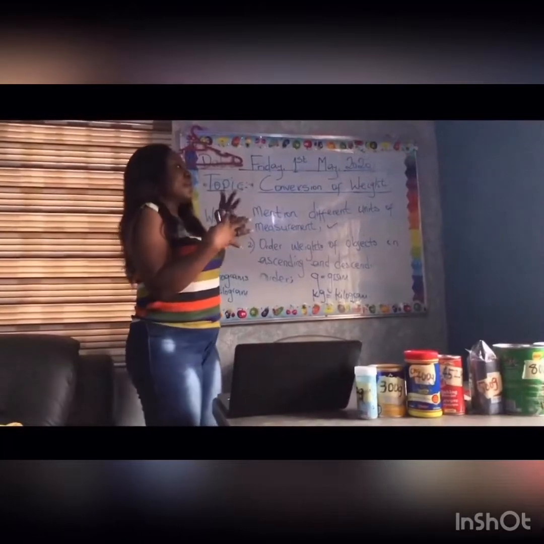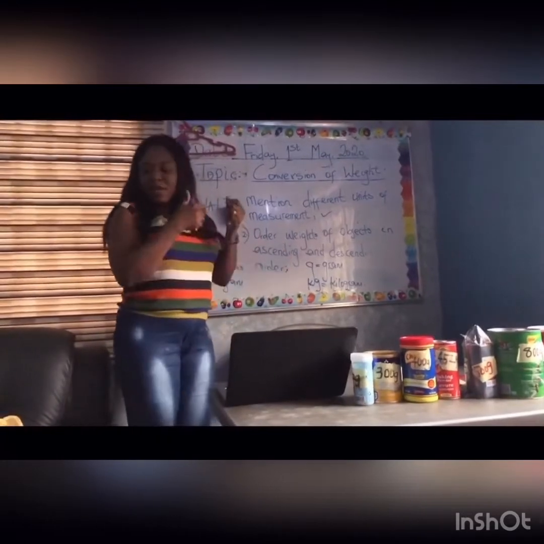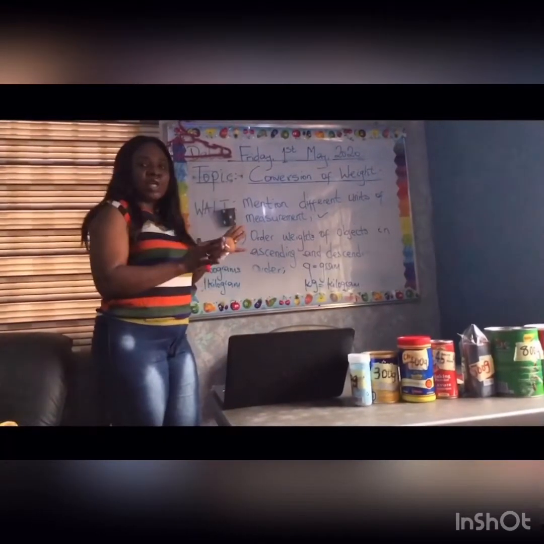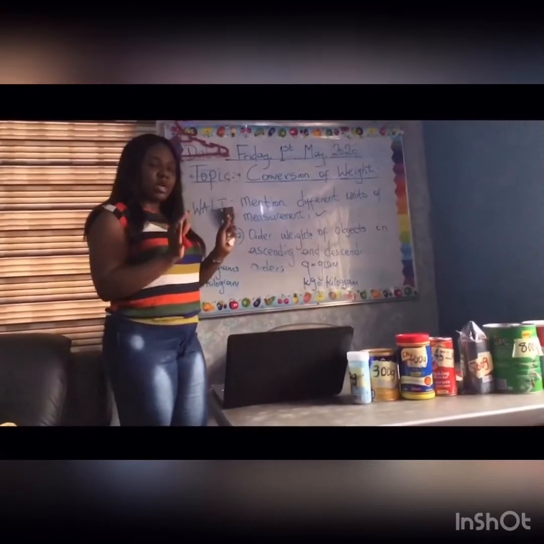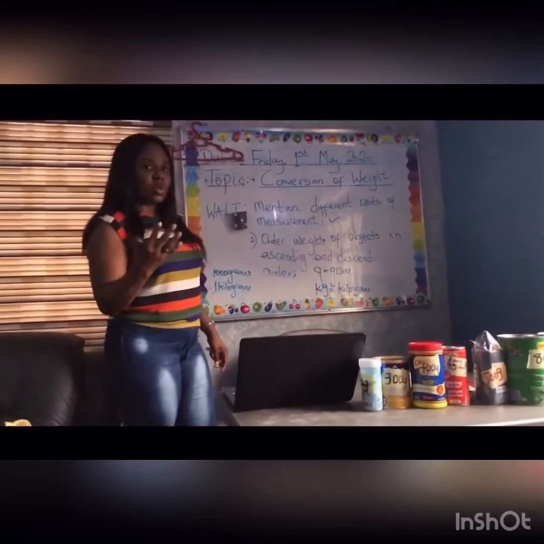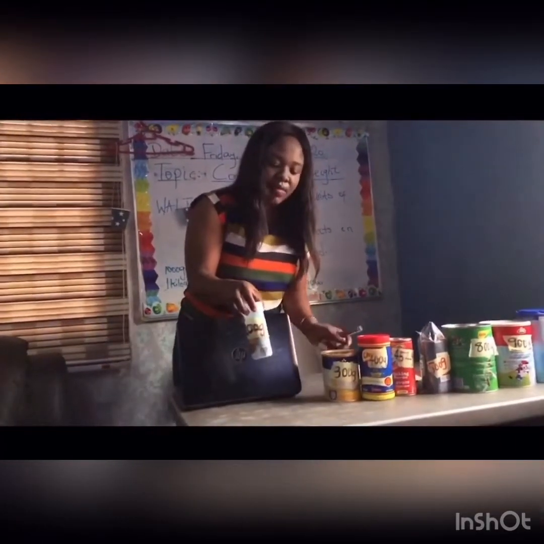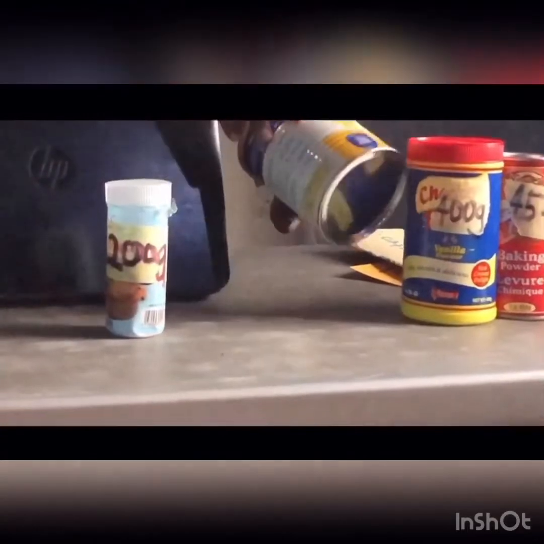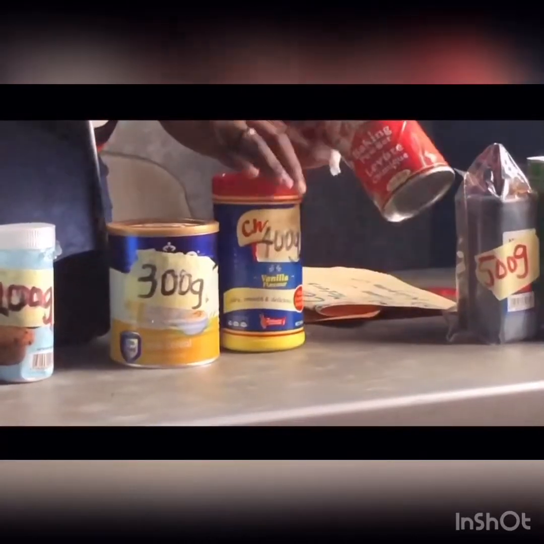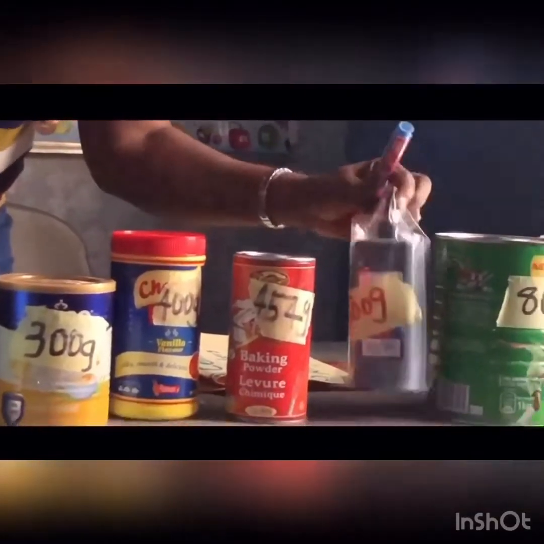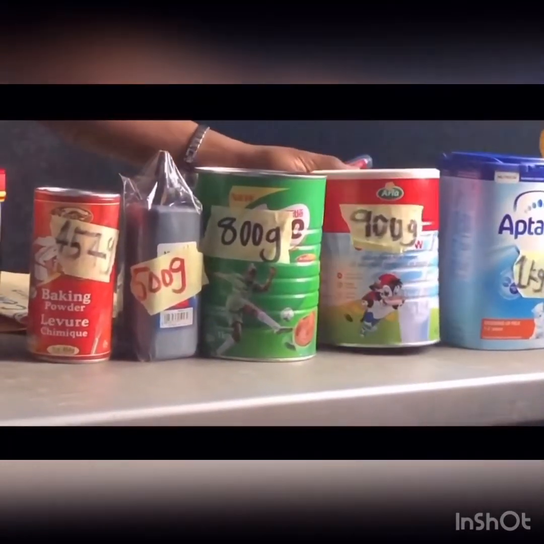We have to keep counting 100, 200 grams, 300 grams, 400 grams, 500 grams, 600 grams, 700 grams, 800 grams, 900 grams. Then 1,000 grams will give us what? 1 kilogram. I have some over here, I have 200 grams, 300 grams, 400 grams, 454 grams, 500 grams, 800 grams, 900 grams.